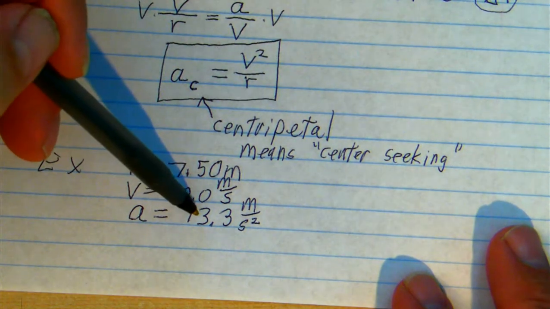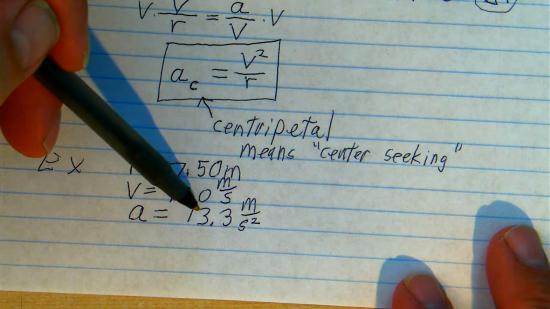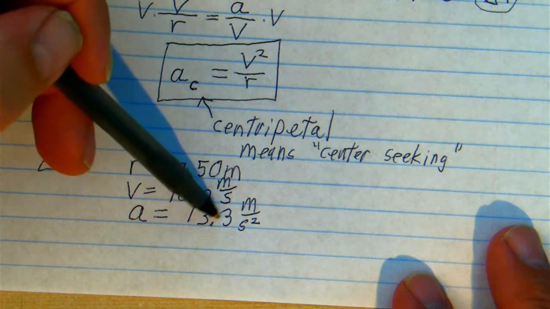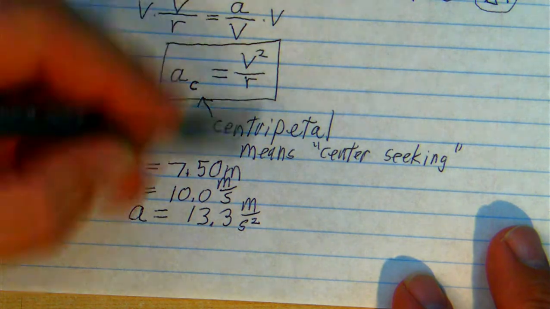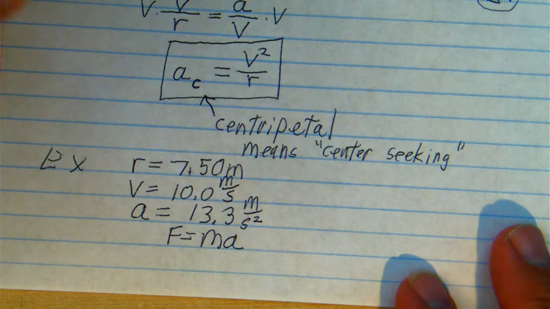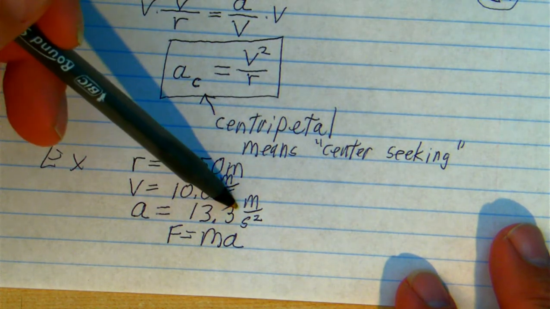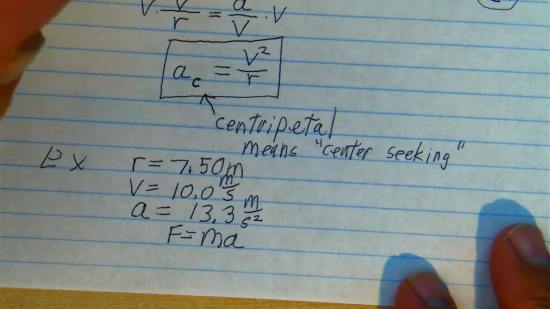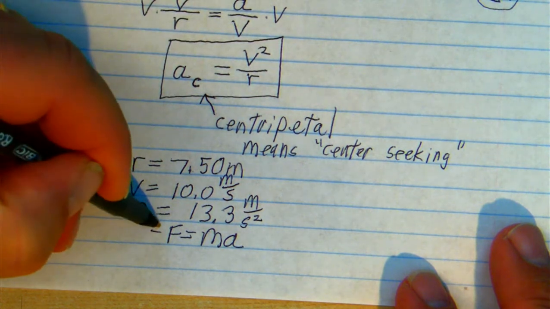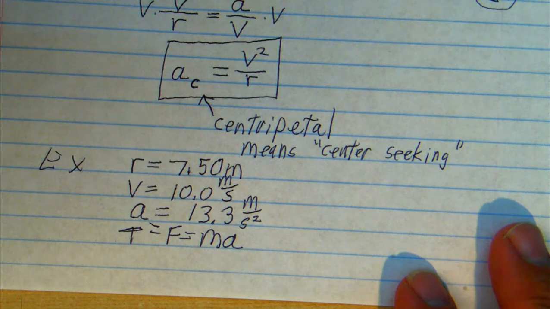So if I was pulling on a 1 kilogram mass that weighs 9.8 newtons, I would be tugging on it with a force of 13.3 newtons. That's because F equals ma. So a 1 kilogram mass that I have to accelerate at 13.3 meters per second squared would require a pulling force, a tension of 13.3 newtons.